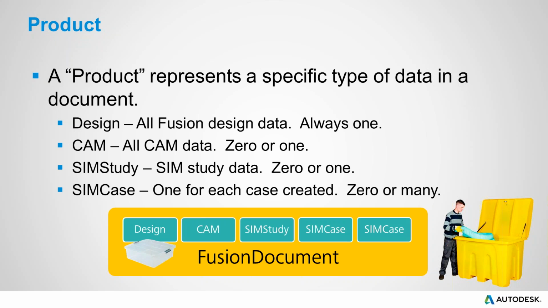The CAM and all the sim stuff is futures, but just to illustrate how there's these chunks of data in a document. All the design data is in one container, all of the CAM data is in another container, the sim study is in a container, and then each case that you create has its own container. And so it's all segmented.